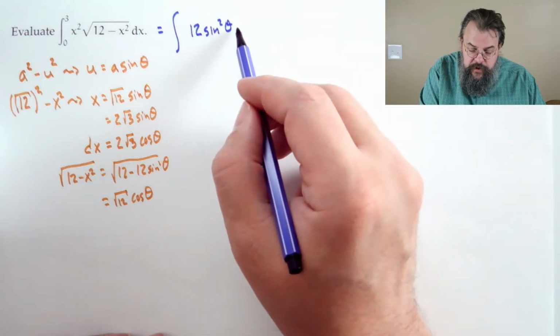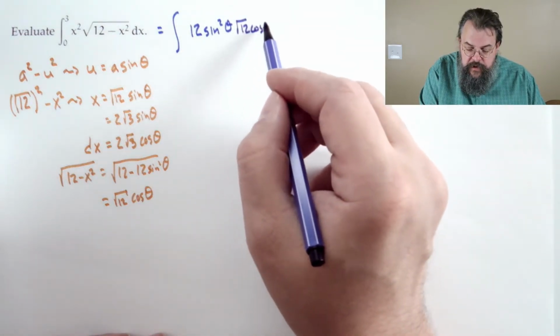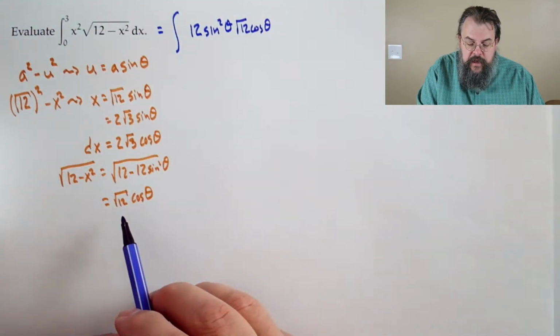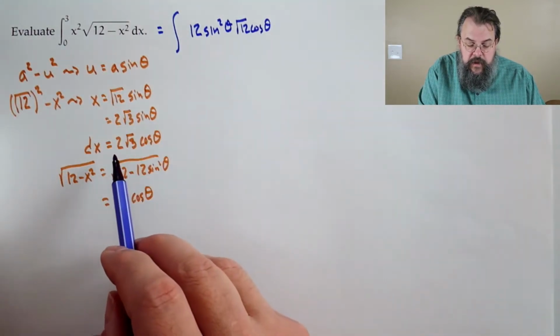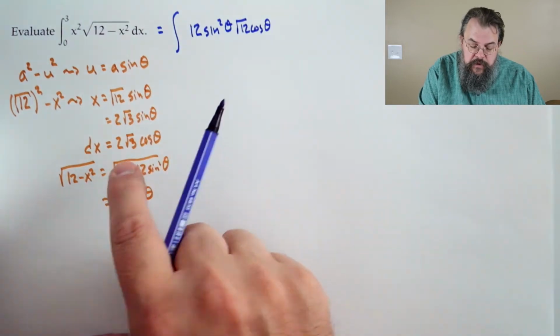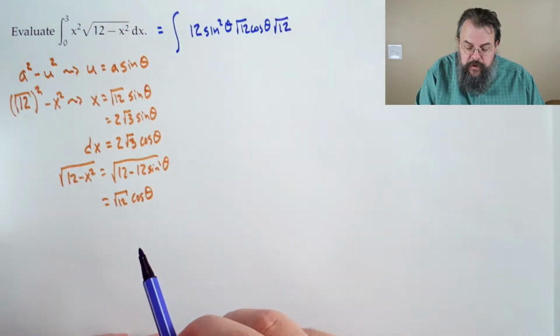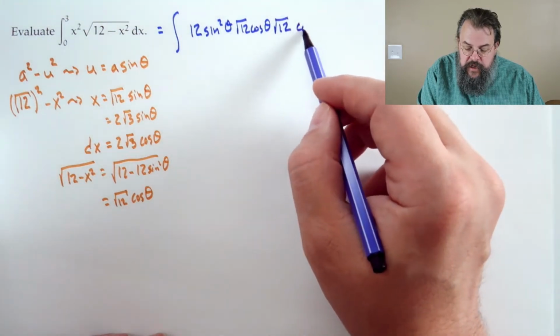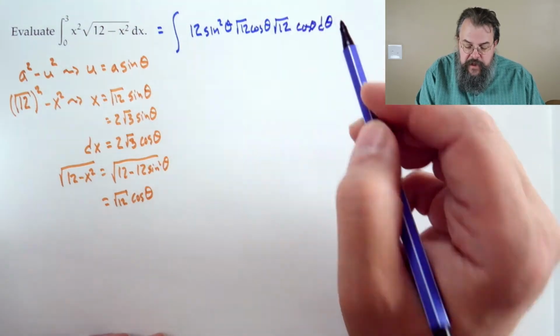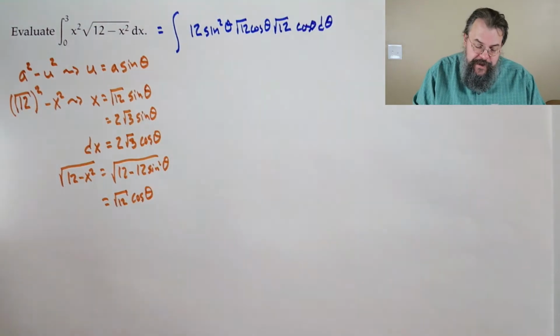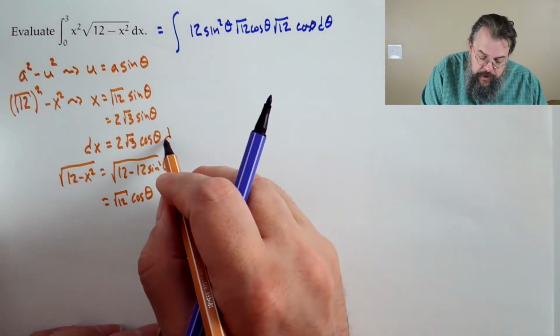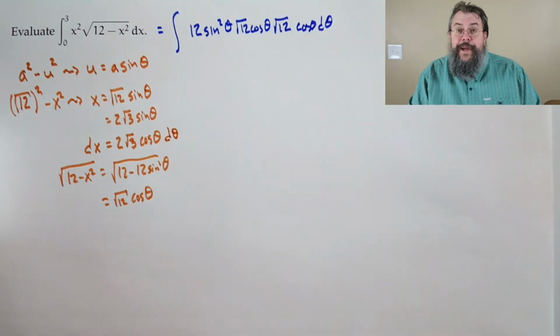Well, square root of 12 times cosine dx. Well, that's actually 2 root 3, as we said. I'll write it again as square root of 12 just to make things compatible, times cosine theta. And whoops, I forgot to write something down. That's all right. Through the wonder of editing, we should have had a d theta there.